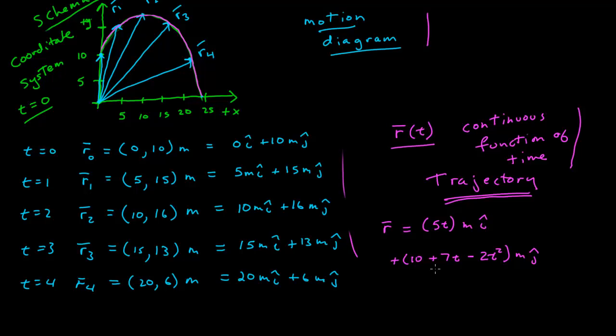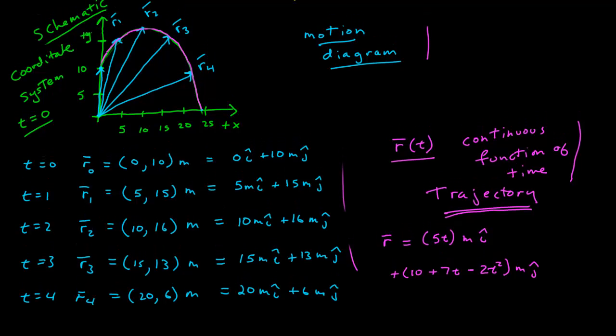Now, I'm not going to pretend that this is a realistic function for a water balloon. I put these numbers here just as an example. But for this particular example, this is the trajectory. It represents the vector at every point in time that represents where that particle is during this motion.